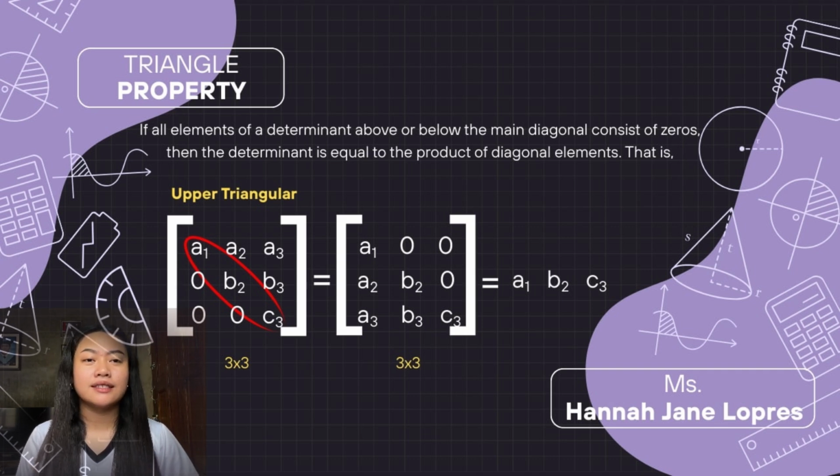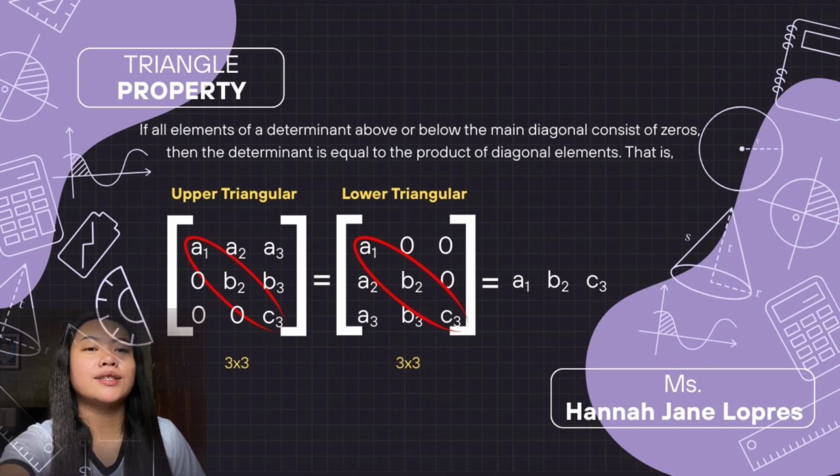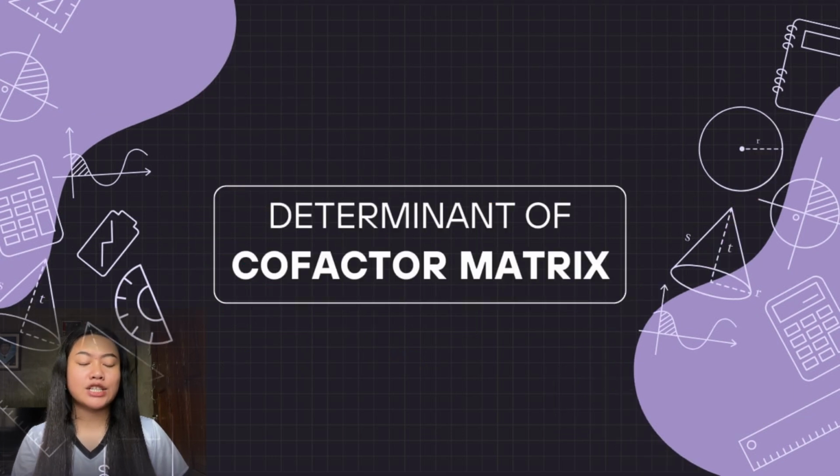And the second one is if all the elements above the diagonal elements are 0, so this is the lower triangular matrix. Okay? Are we clear? Okay, so next we have here the determinant of the cofactor matrix.